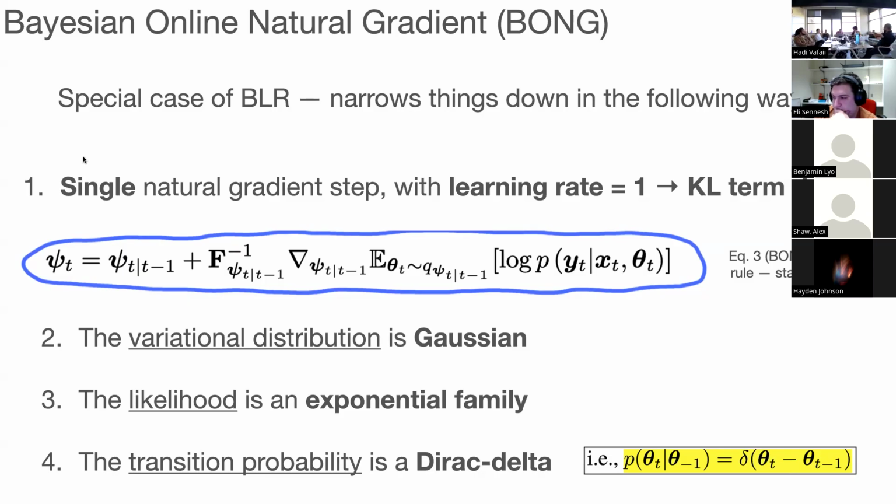When you do one iteration to go there, if you just expand that equation, you end up with psi t given t-1 plus this thing. And if I had plus the gradient of the KL, that gradient of the KL vanishes because you're already at your prior and you haven't moved away from it. If you do one iteration, you're going to move away from it, and the KL is going to be non-zero. At that point, that's it.